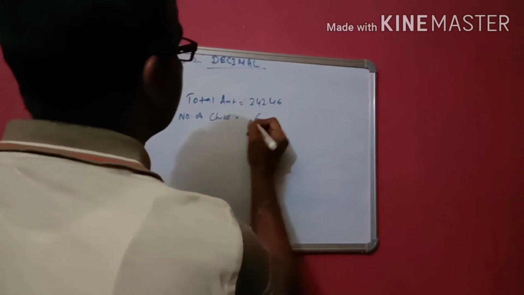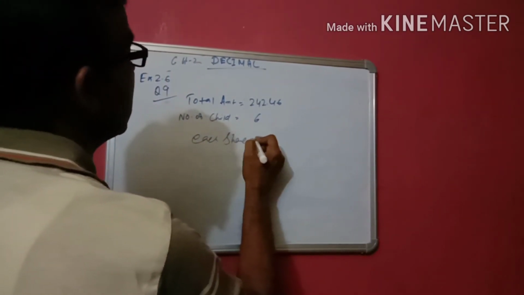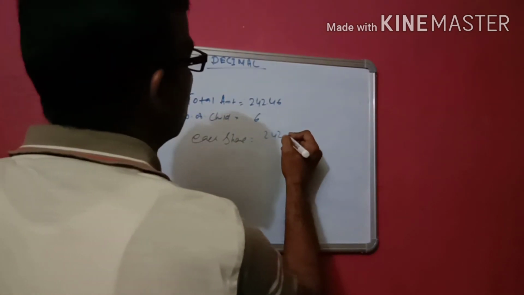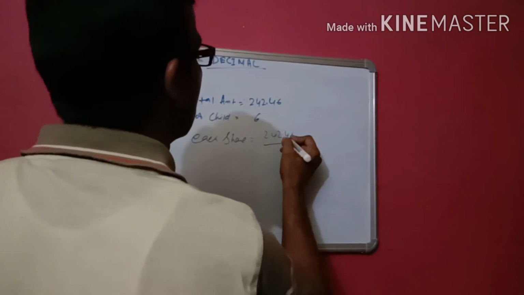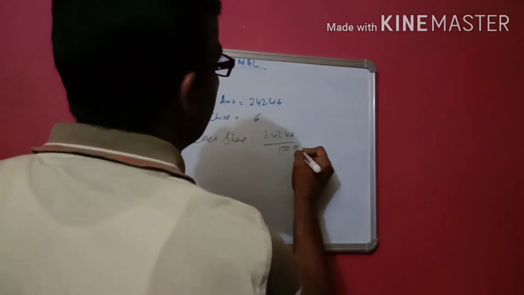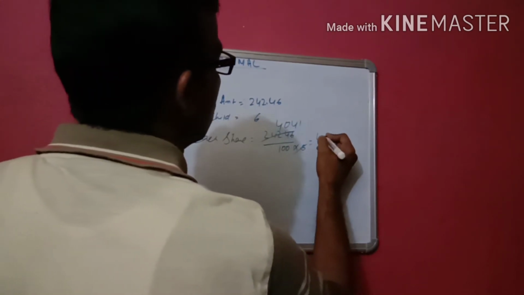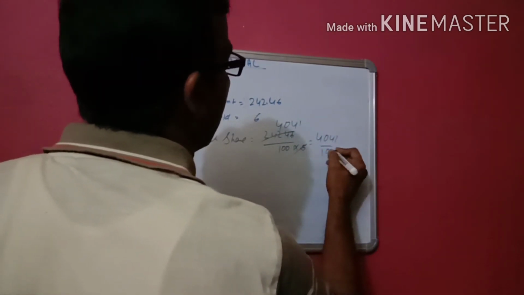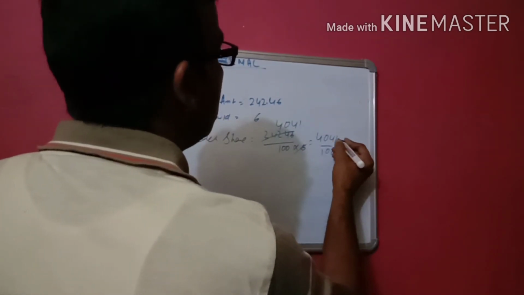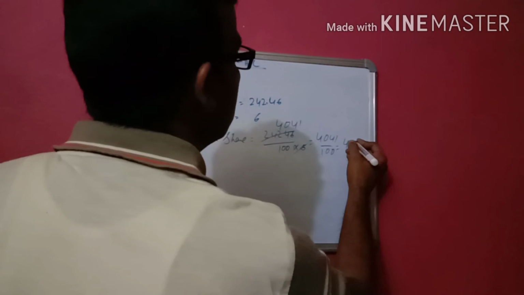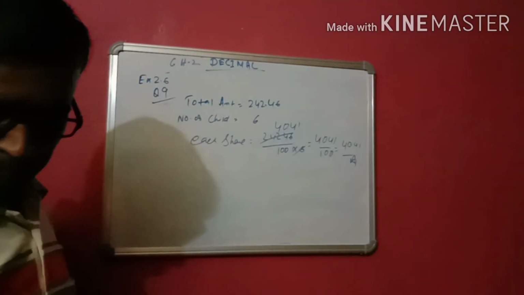Therefore each share equals 242.46 by 6. Remove the point. After decimal, how many digits are there? 2. So 24246 divided by 6 is 4041. Therefore 4041 divided by 100. So place decimal before 2 digits, means 40.41. Write down.